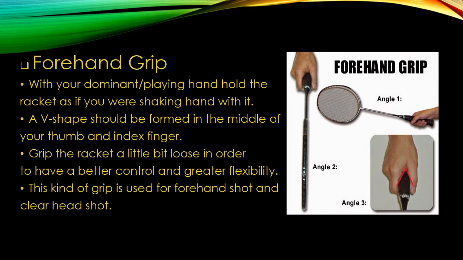For the forehand grip, with your dominant or playing hand, hold the racket as if you were shaking hands with it. A V shape should be formed in the middle of your thumb and index finger. Grip the racket a little bit loose in order to have better control and greater flexibility. This kind of grip is used for the forehand shot and clear shot.